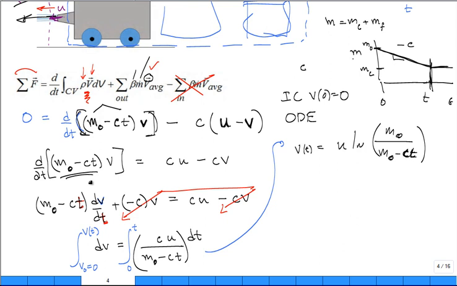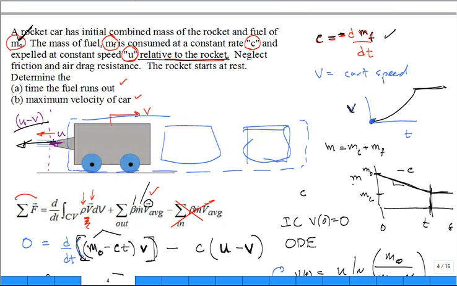When does the fuel run out? Do we even answer that time? T is equal to the mass of the fuel divided by C. Isn't that when it runs out? The mass of the fuel initially is mf, and C is the rate at which it's consumed. So that's when it runs out. Maybe I put out on the subscript, t out.